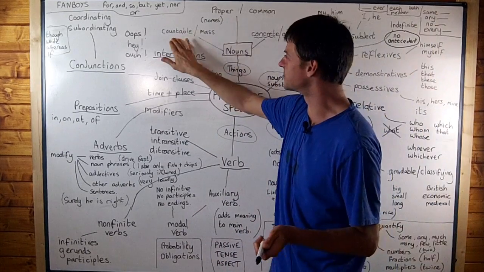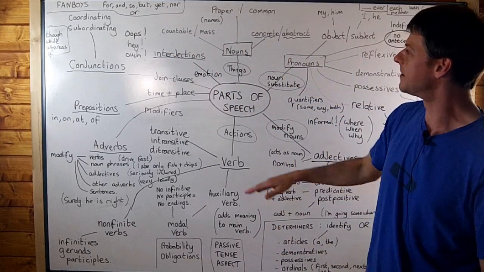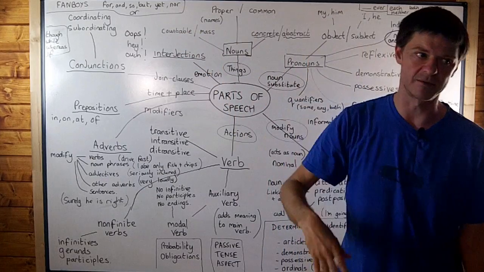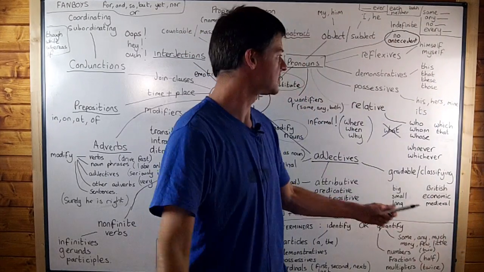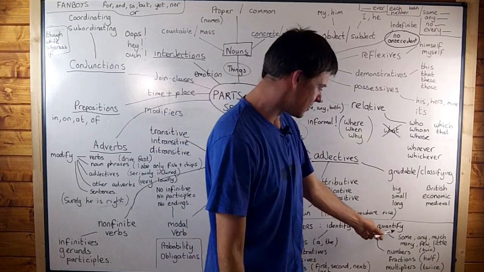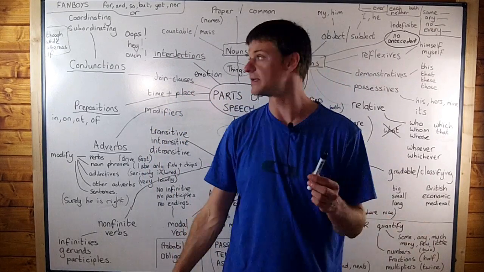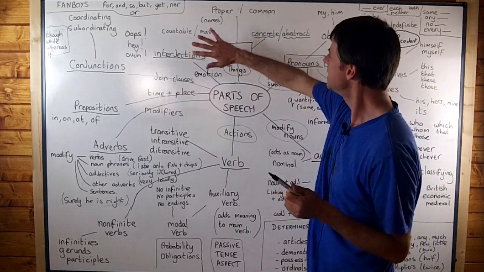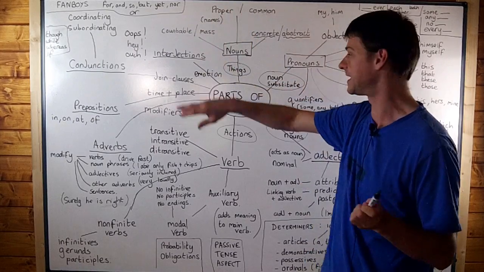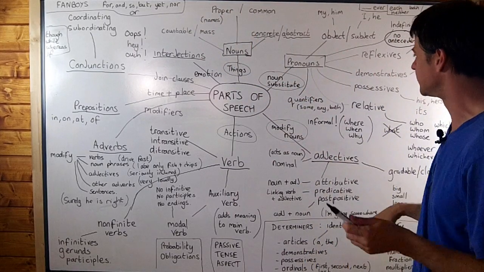Some nouns are sometimes this and sometimes that, but it's very important, because you need to know if the noun is countable or uncountable in order to use much and many correctly. Much and many are quantifiers, which we'll look at in a little while. So that's nouns. They're all things. That's one type of word which we have in English and in other languages too.